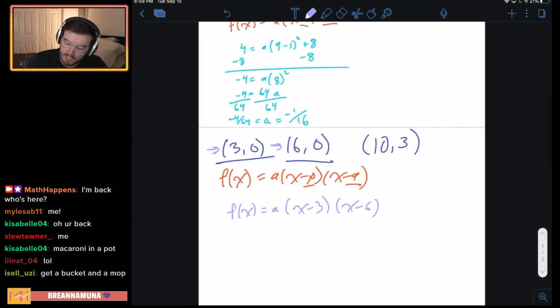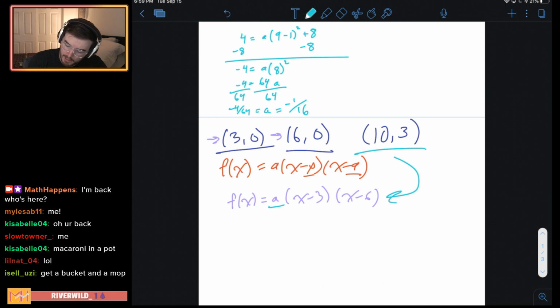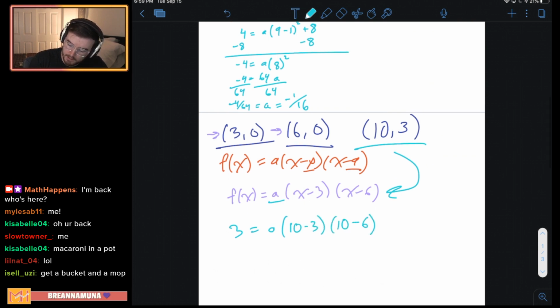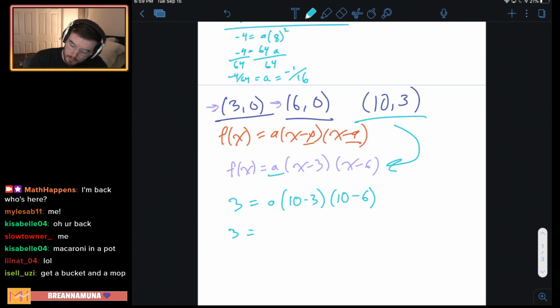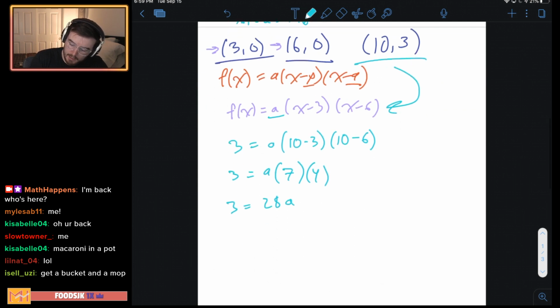And once again, the exact same logic. If I want to figure out a, just plug in this random point and you're good. So let's do it. 3 equals a times 10 minus 3 times 10 minus 6. 3 equals a times 7 times 4, so 3 equals 28a.